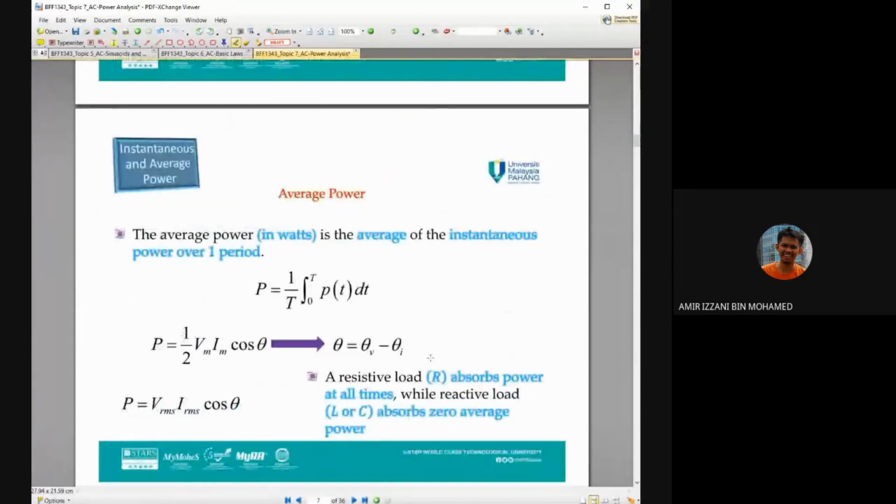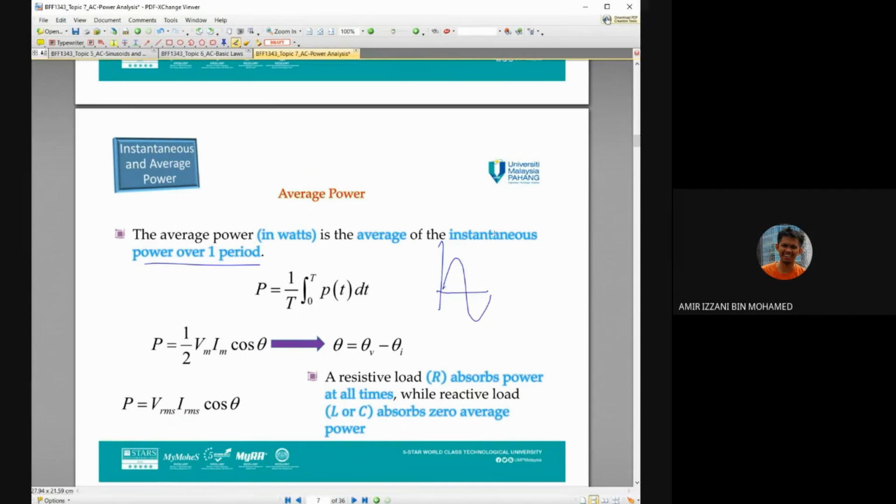Okay, next is the average power, which is also in watts. The average power is the average of instantaneous power over one period. One period is one cycle.